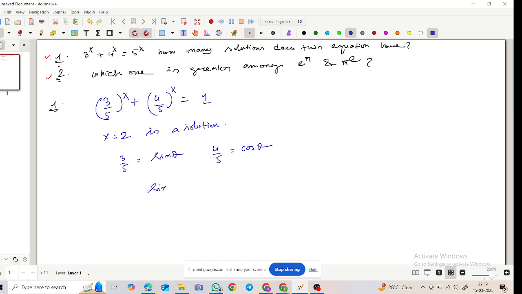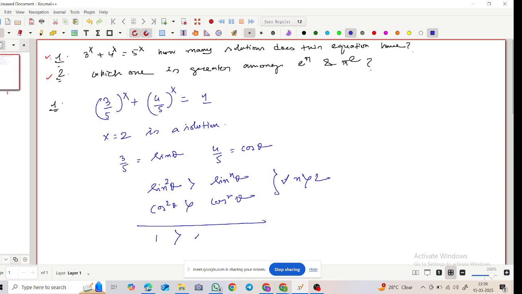So you see sine theta is strictly less than... right? So you add them up, you get 1 strictly greater than sine to the power n theta plus cos to the power n theta.